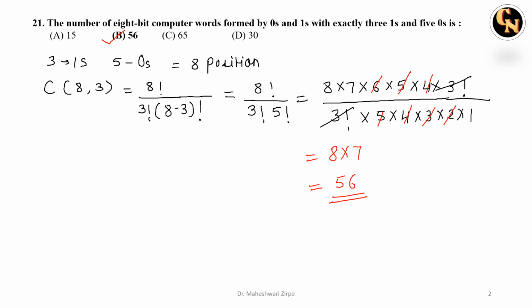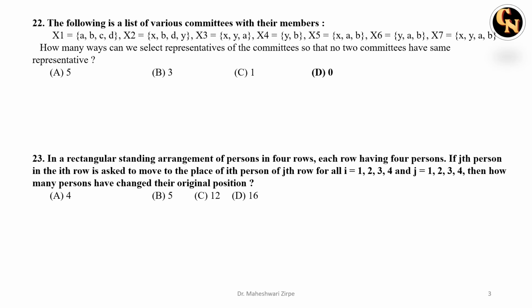Now the next is the 22nd. The following is the list of various committees with their members. So they have given us 7 committees: X1, X2, X3, X4, X5, X6 and X7. And in the curly brackets they have given us the members also. The members are A, B, C, D, X, Y and all those.